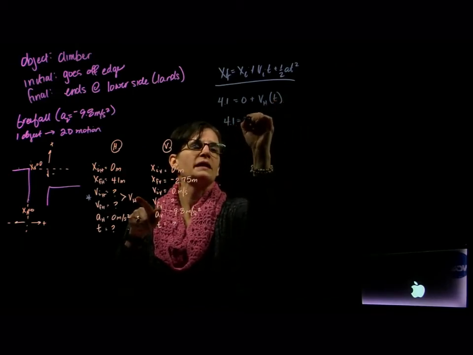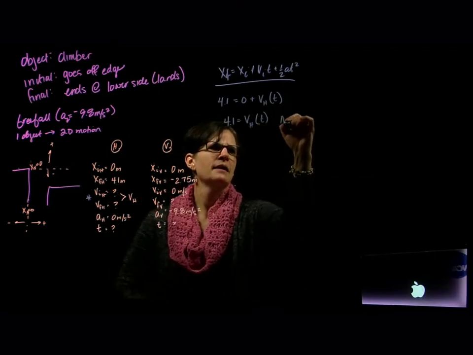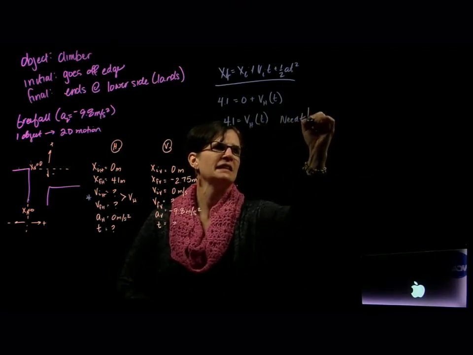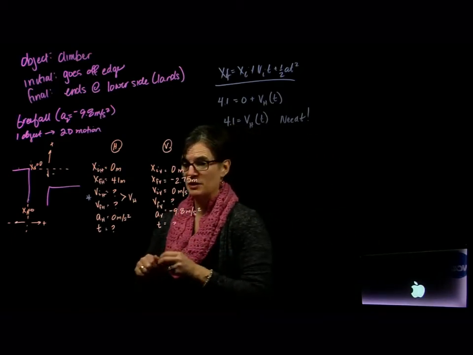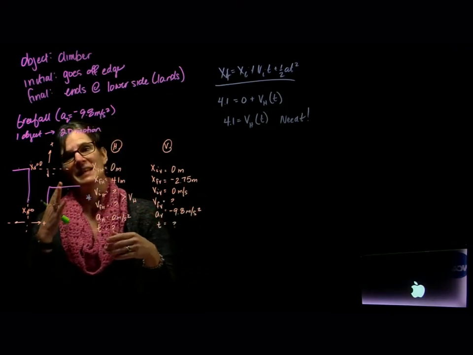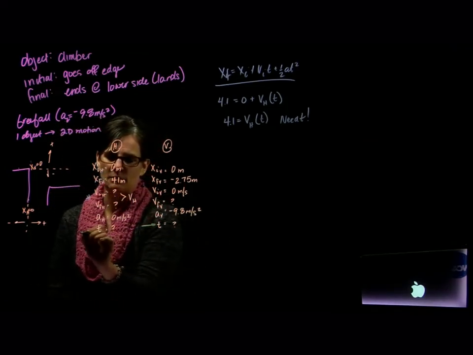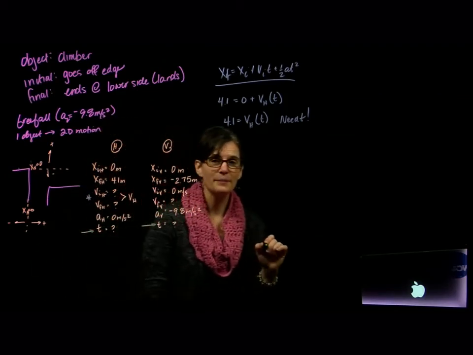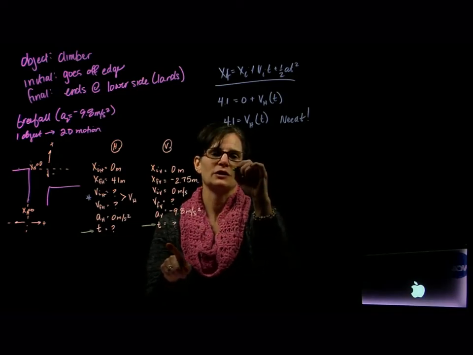So 4.1 equals V sub h times t. I need t. Well, because the object is moving the same amount of time vertically as horizontally, time is the same in both. So I can get that from my vertical dimension.